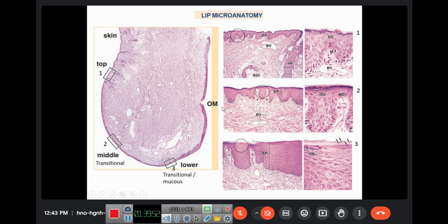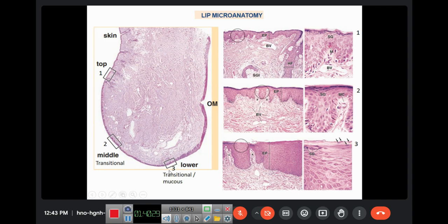In the transitional zone near the skin zone, we have increasing thickness of epithelium and decreasing thickness of the stratum corneum, but stratum granulosum is still present. And also we have here much higher papillae, which go almost to the surface of epithelium. So they come very close to the surface of epithelium.